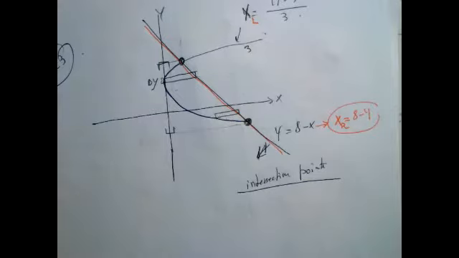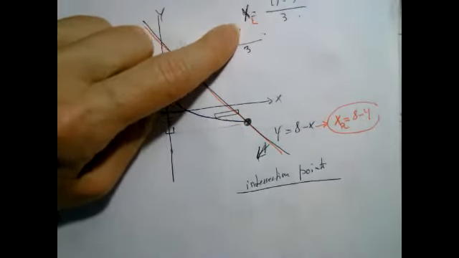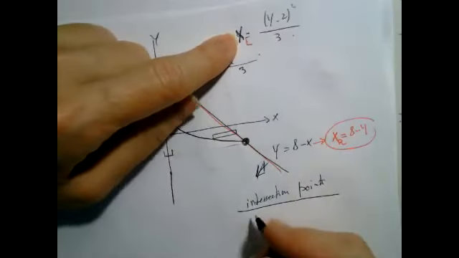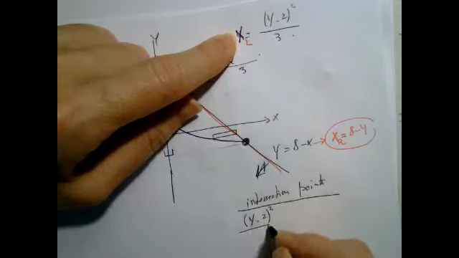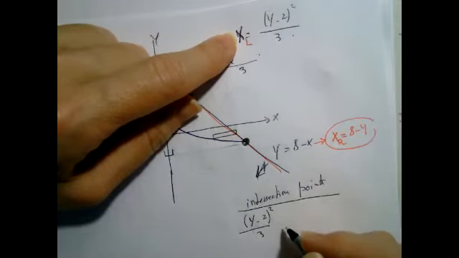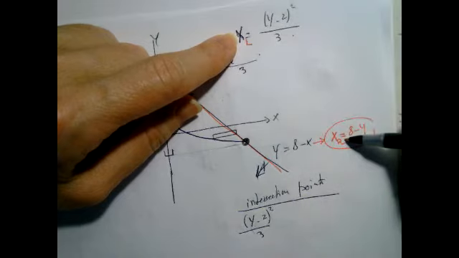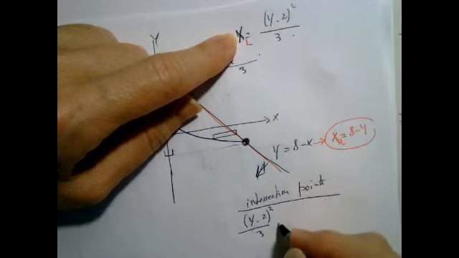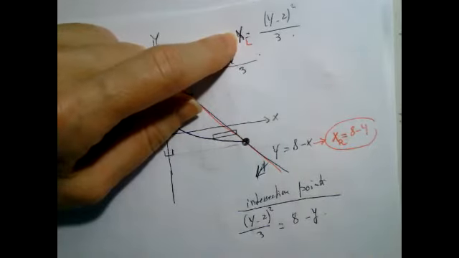To find the intersection, instead of setting the y's equal, I'm setting the x's equal. It means I'm going to set (y minus 2) squared over 3 equal to 8 minus y. I'm going to find the value of y so that whether I plug it here or here, I get the same answer. Are you with me?